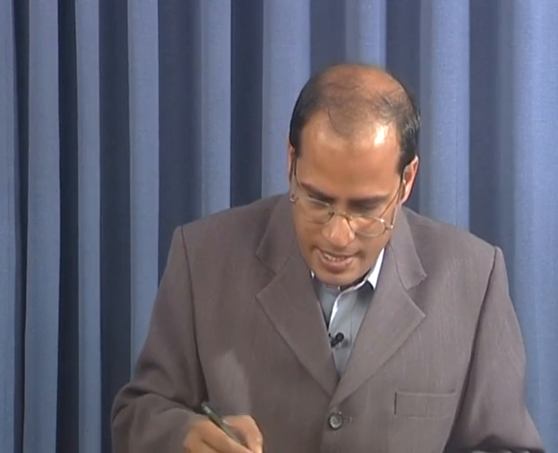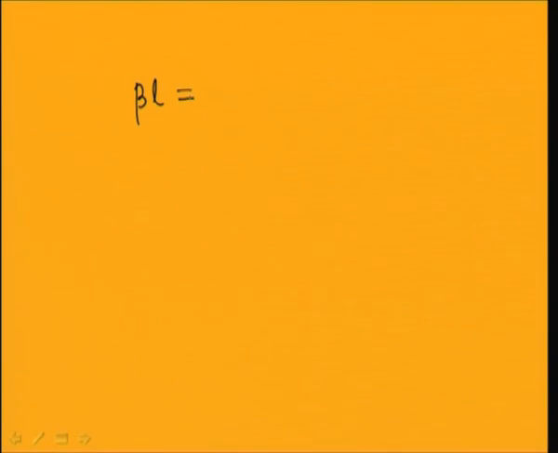By solving this expression you can get the βL values as follows: βL equal to 4.73, then 7.853, 10.996, 14.137.